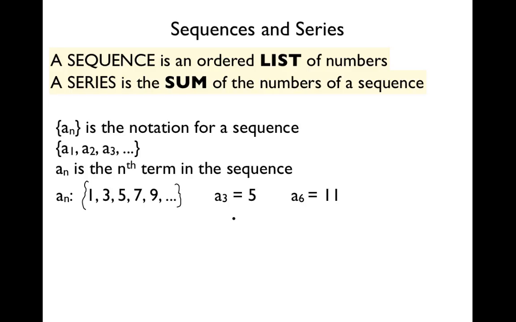So A3 is 5. Why? That's the third number in the sequence. A6, implied by the pattern, would be 11. So what would A8 be? Some people are saying 15. Agree with that? Yeah, it'd be 15. A sub 8 would be 15.